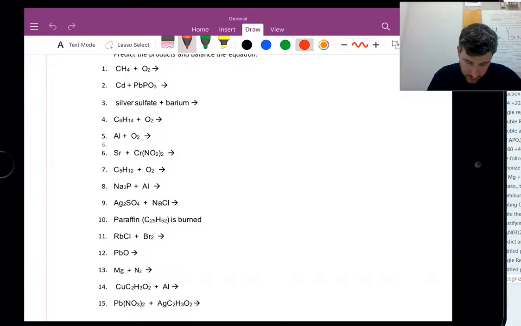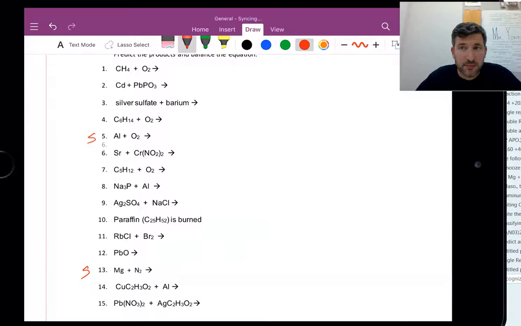We've got number 5, synthesis, two elements, aluminum and oxygen. Number 13 is synthesis, and that appears to be it. All the rest of them are one of our four other reaction types.